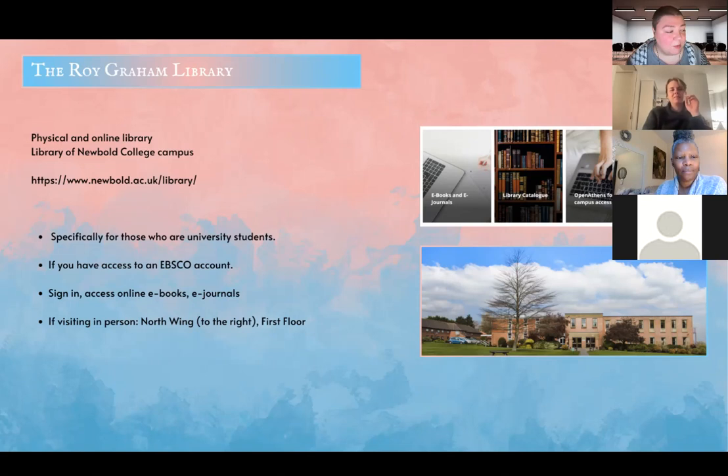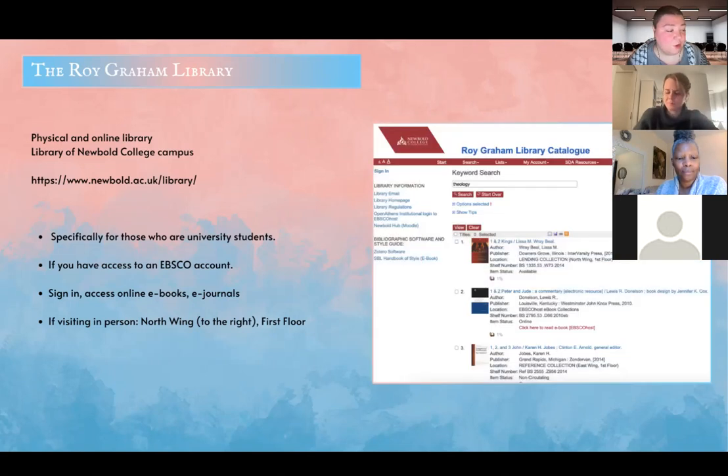The Roy Graham Library is the on-campus library of Nyack College in England. They have a decent collection of excellent theological books and journals. You can read these online, as we said, if you have the right account. And of course, you can visit the library in person. It's well worth exploring, particularly the upstairs north wing, so to your right.